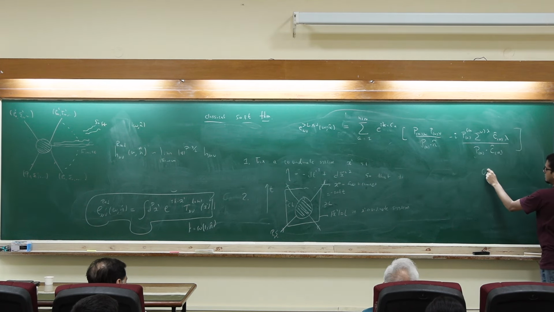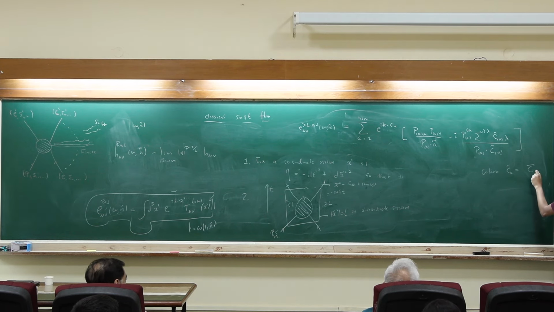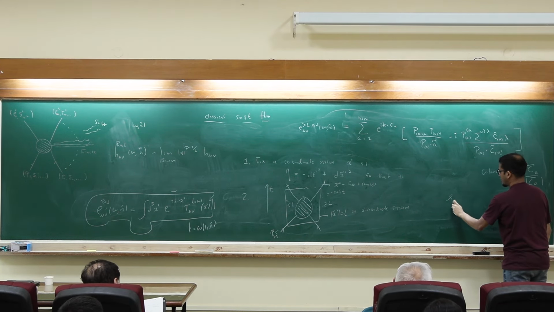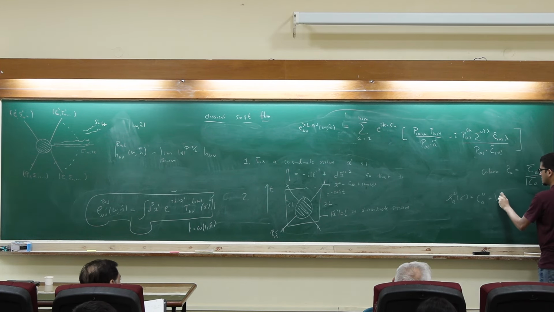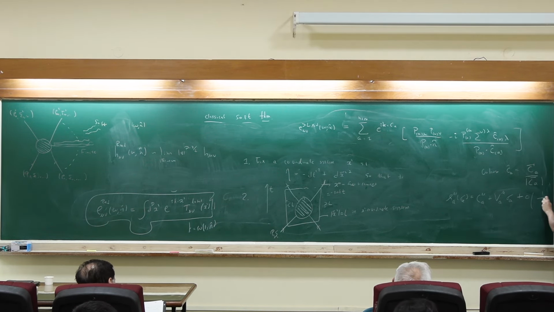Where, just to remind you what C_A was, the asymptotic trajectory we parameterized as that.